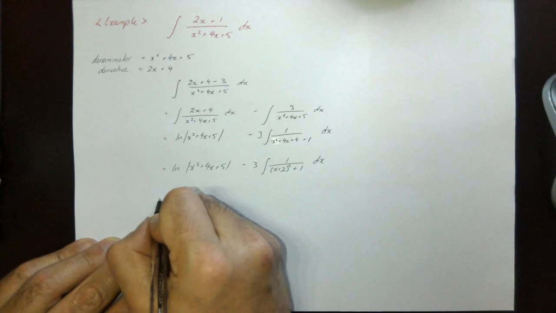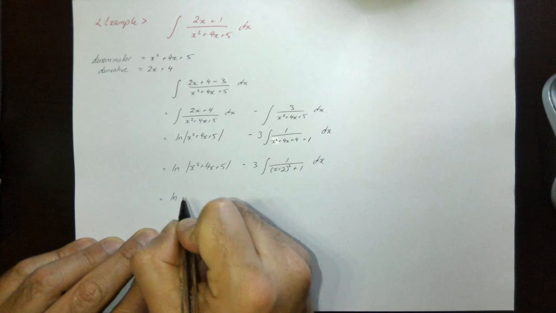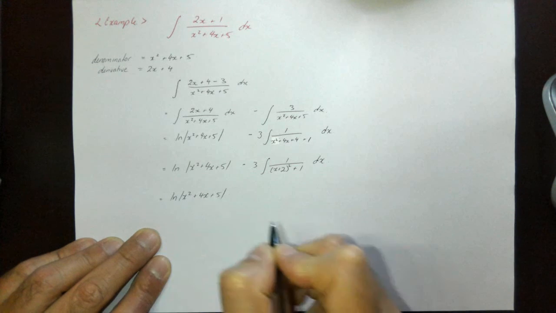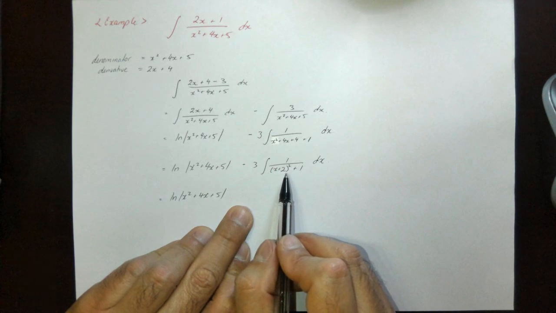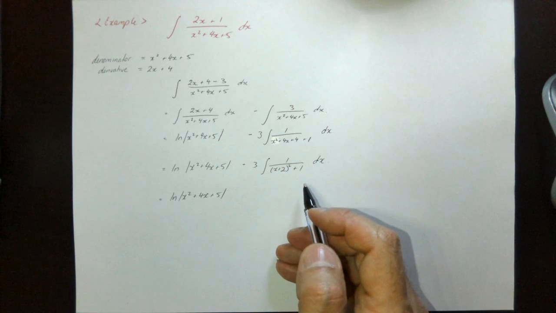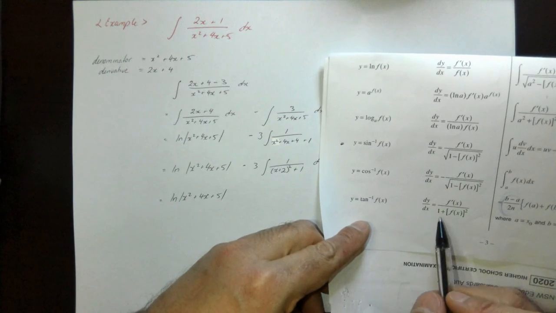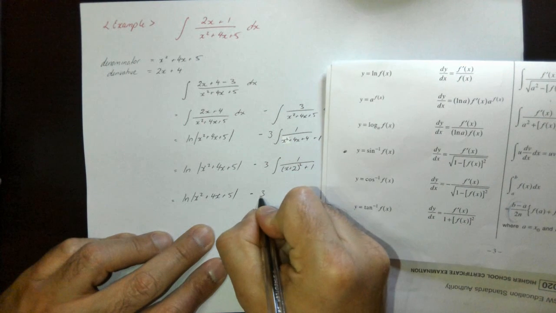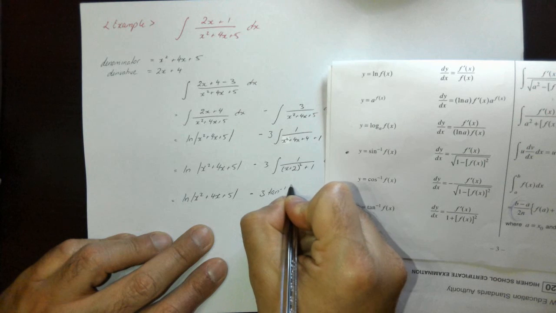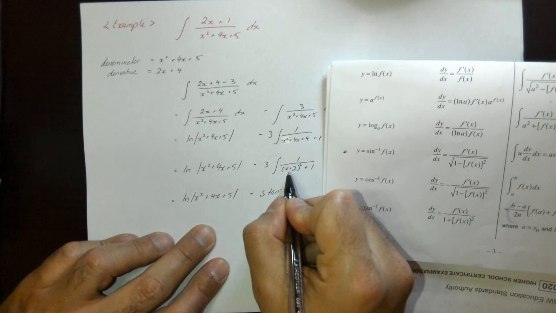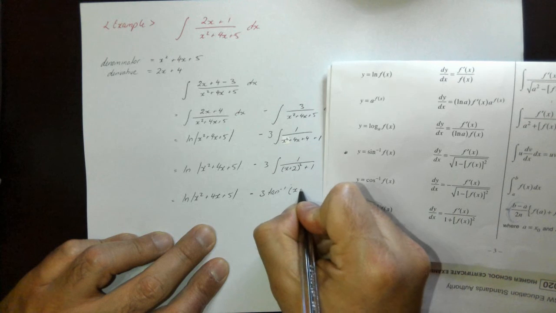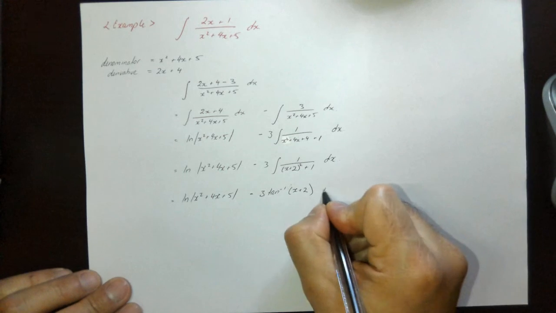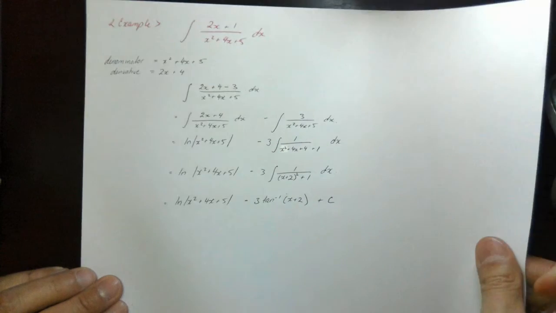And now using our tan, in this situation our a is still 1. And our f(x) is x plus 2, so that's just going to be x plus 2, and then plus c. Good luck, have a go.